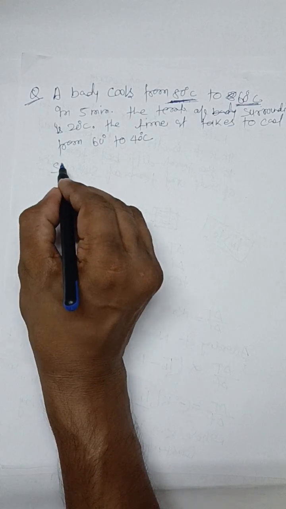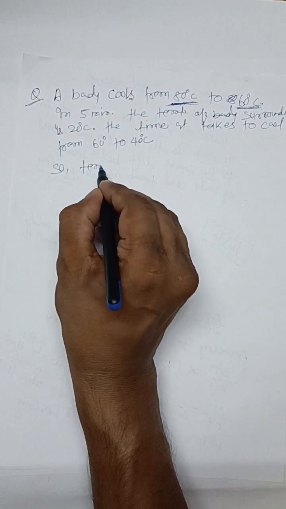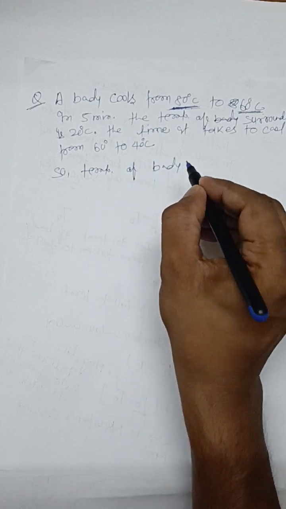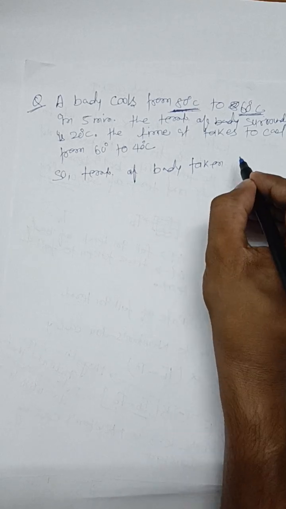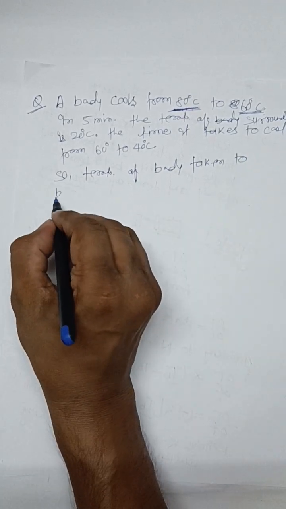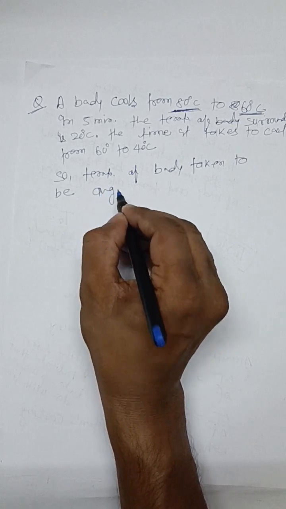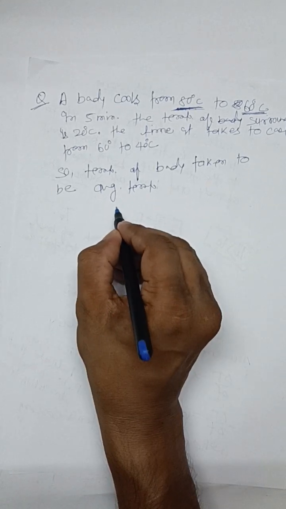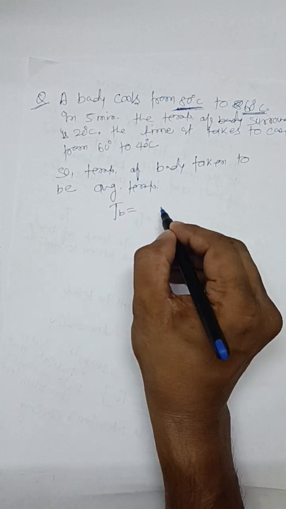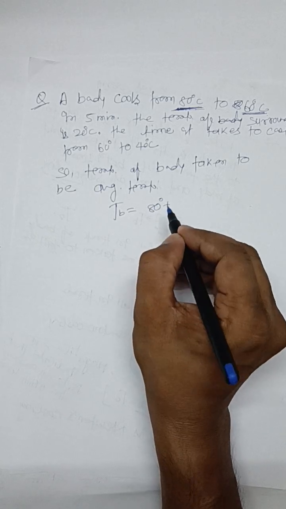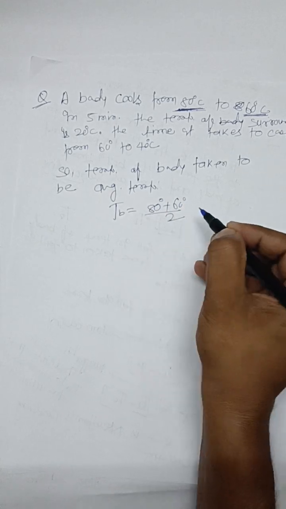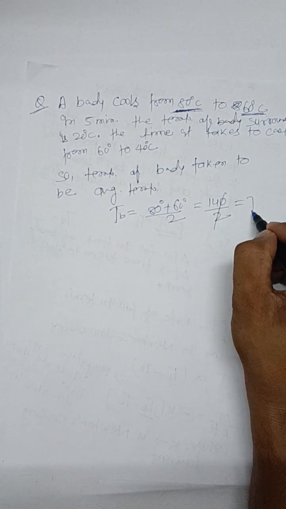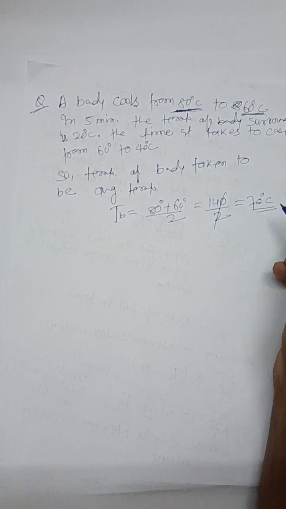So the temperature of the body is taken to be the average temperature: 80 degrees centigrade plus 60 degrees centigrade by 2, that is 140 by 2, which is 70 degrees Celsius.